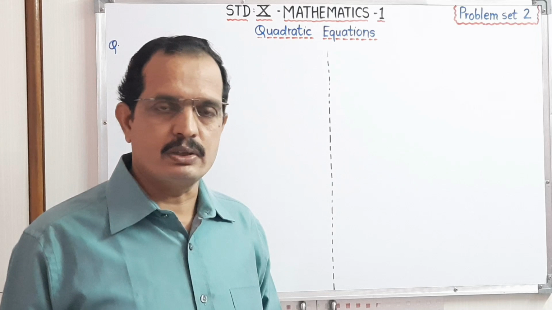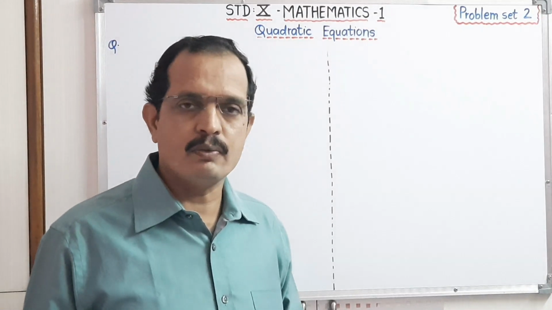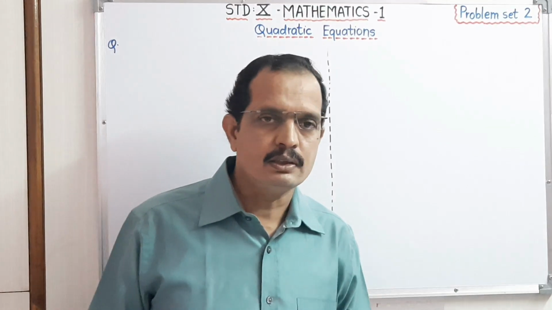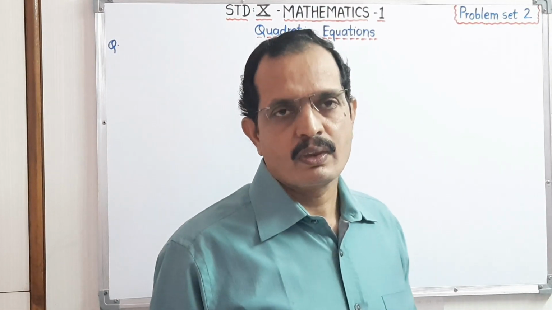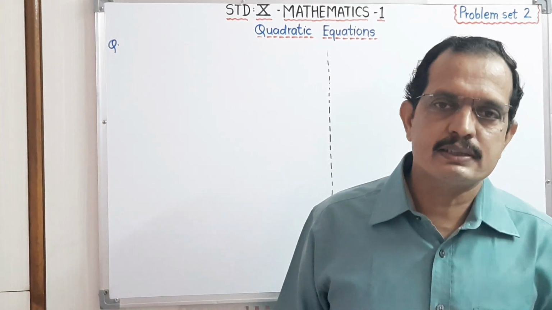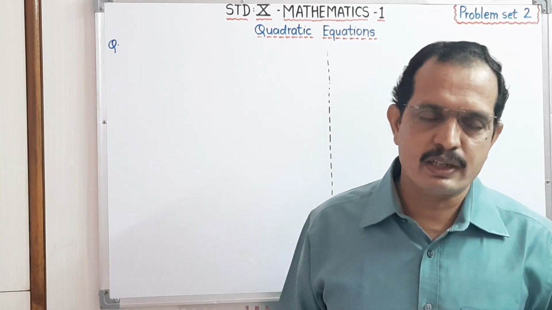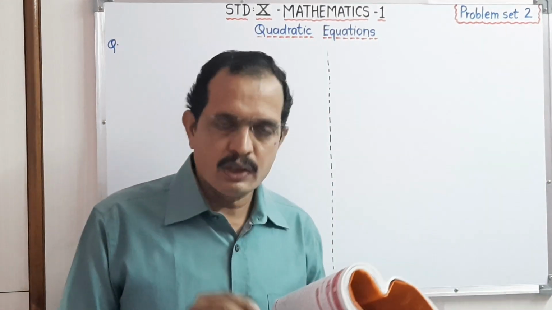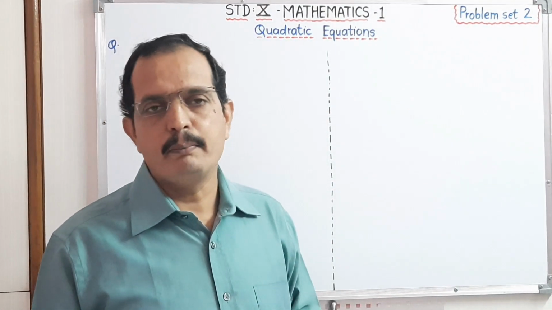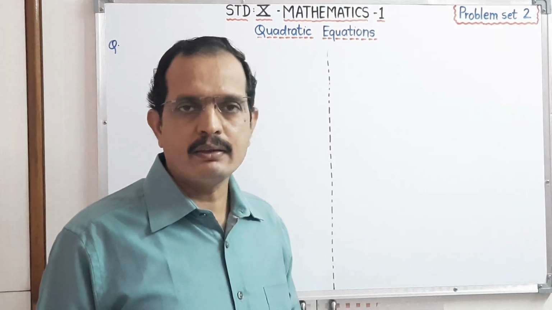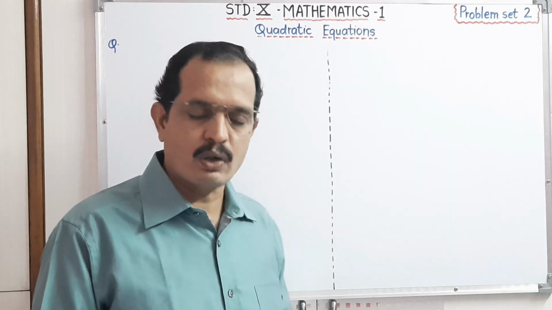If we can write any equation in the standard form of a quadratic equation, then we say that it is a quadratic equation. ax square plus bx plus c equal to 0 is the standard form. In that, one variable is used and the maximum index of the variable is 2. Then that equation is called a quadratic equation.